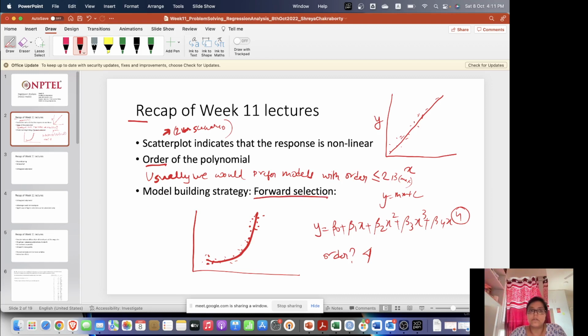So do you remember what was forward selection? Suppose in the first case we take beta 0 plus beta 1 x. And if beta 1 is significant, then we add beta 2 x square, and so on. And how do we stop?